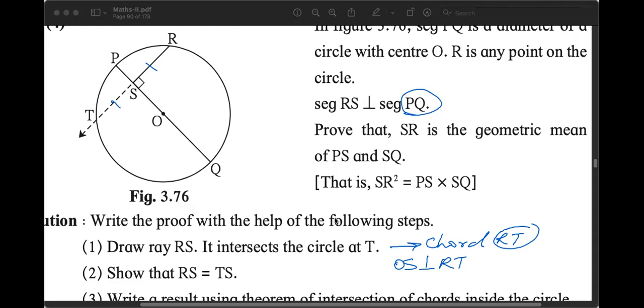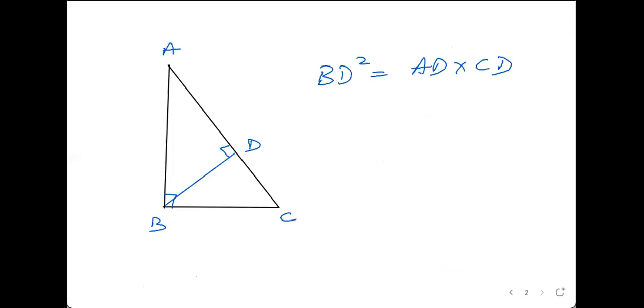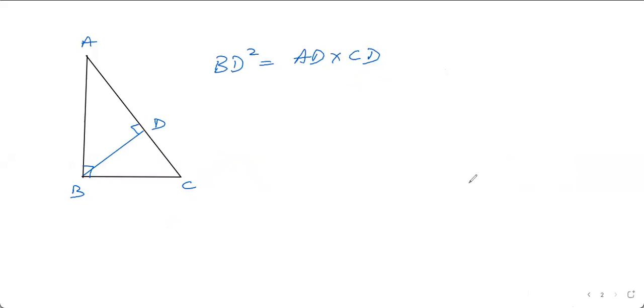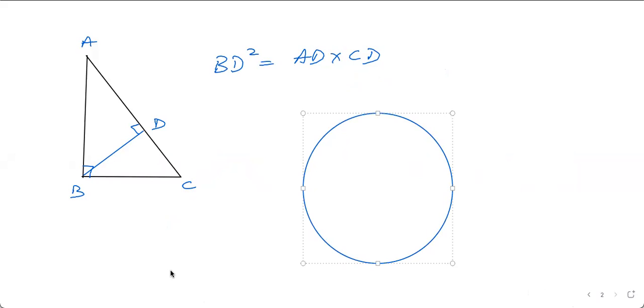If we write it on the whiteboard, suppose this is the diameter and this is the chord.